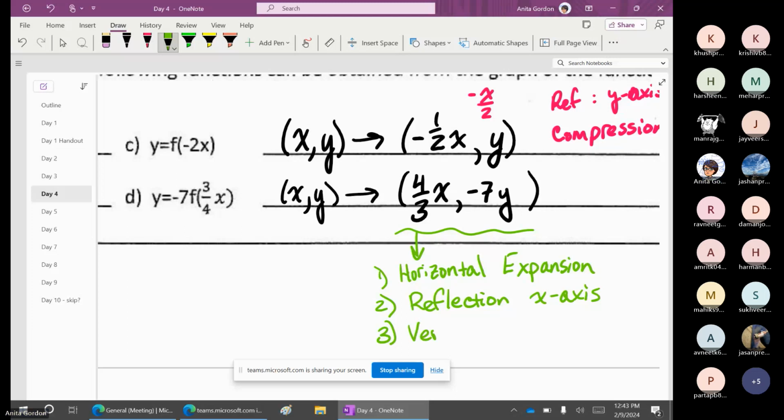Vertical expansion or compression? Is it bigger than 1 or less than 1? It's an expansion, right? 7 is bigger than 1. So in this example, I'm doing 3 things. I'm expanding it sideways, I'm expanding it vertically, and I'm flipping it over.